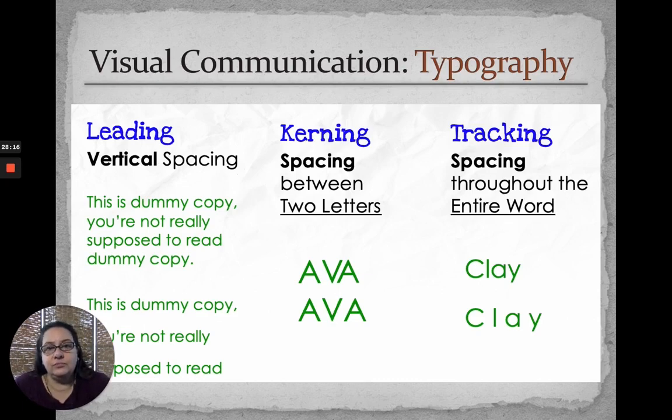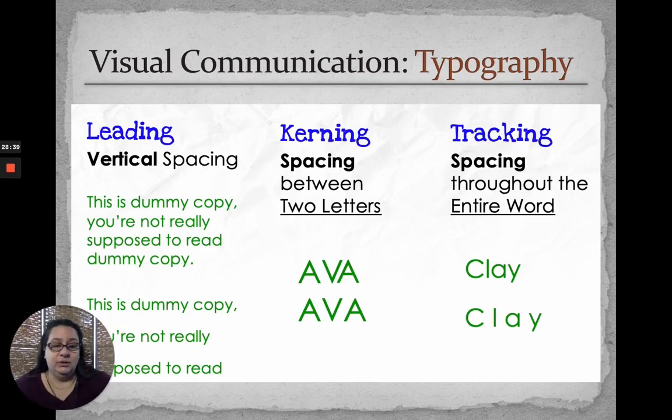For a typography class, you usually have an assignment of designing a font. So how many letters are in the alphabet? There's 26 letters in the alphabet. So I have to do 26 letters, except there's uppercase and lowercase. So then you have 26 times 2.